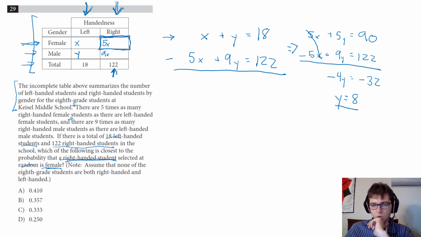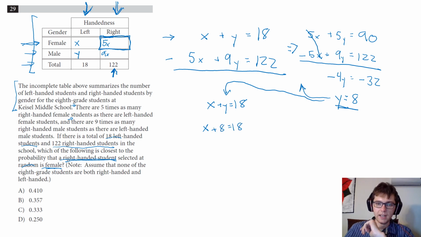Now that you know that Y is equal to 8, you can plug it into the first equation, X plus Y is equal to 18. I'm just going to rewrite it here. You can plug this in for Y here, which will give you X plus 8 is equal to 18. Just subtract 8 from both sides. You're left with X is equal to 10.